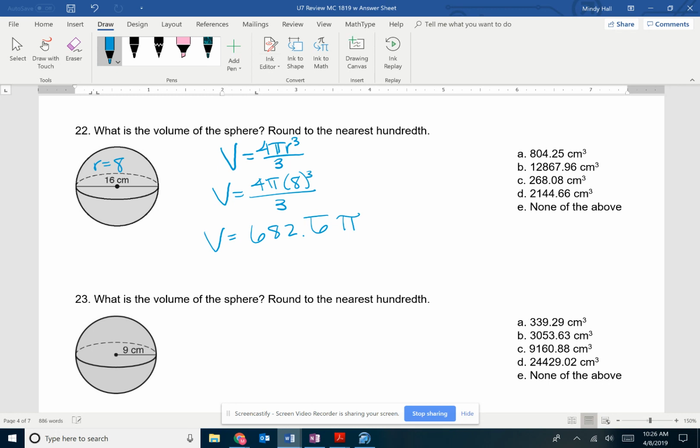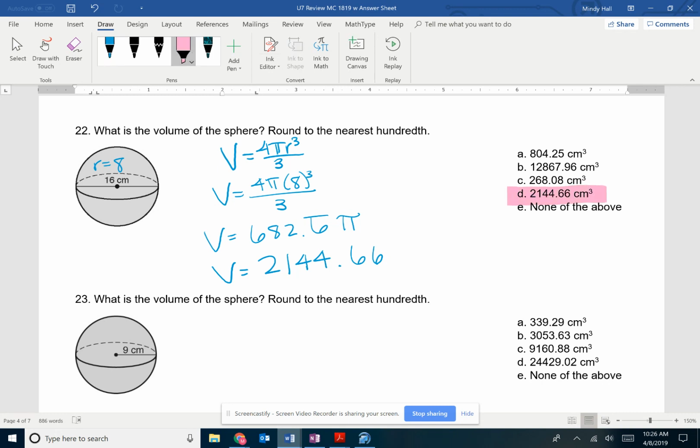I'm only writing that because, on my calculator, I'm just hitting times pi and not even rounding it. So I get that my volume is 2,144.66, which gives me answer D.